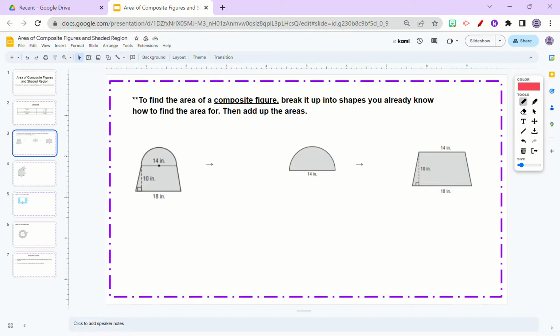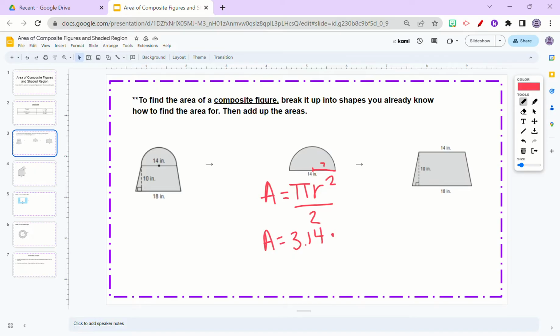A semicircle is half of a circle. Even though we weren't given the formula for a semicircle, you should just know that a semicircle is half of the area of a circle. So the area of a circle is pi r squared, and we're going to divide it by 2 because this is a semicircle. We do 3.14 times the radius, which is 7, because the whole thing is 14.